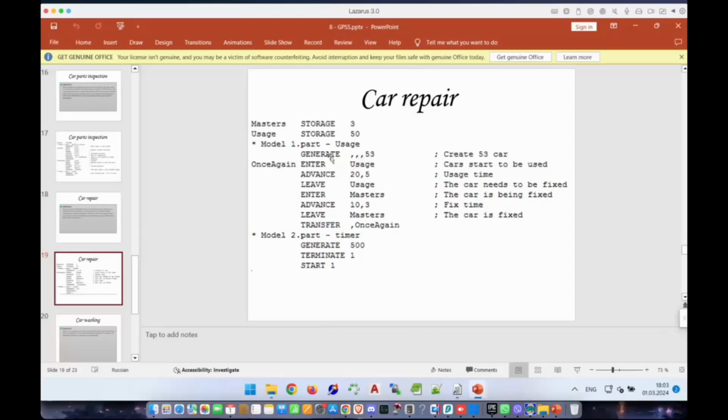That's it. The generate block will not produce any other transacts at all, so they appear only once. And as you can see, there is no terminate reached by the transacts generated by this block, because it's not assumed that way.